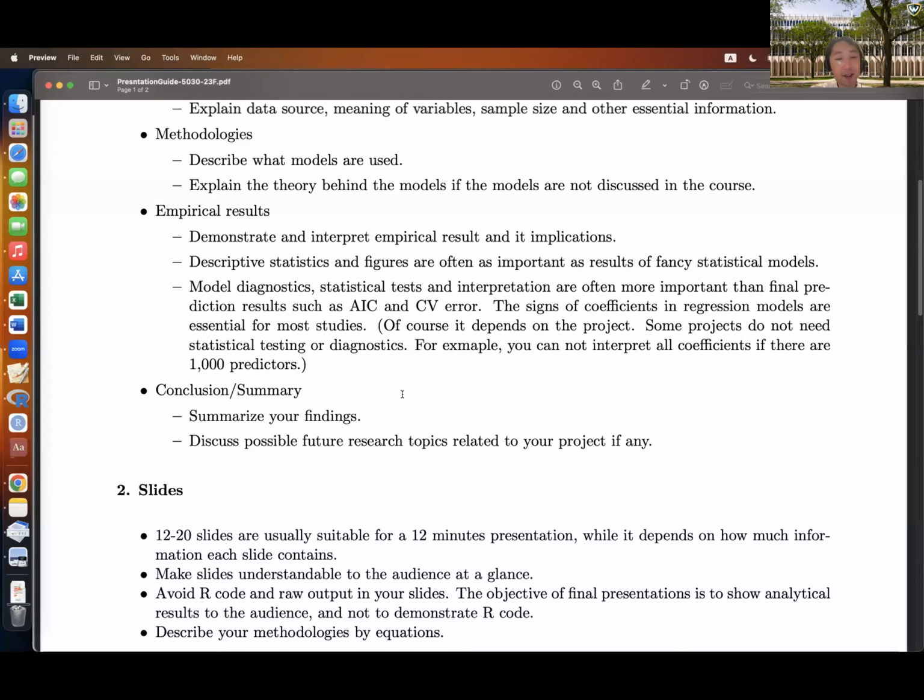As x increases by 1, one year older, then blood pressure increases by maybe 2 mmHg or something. So you interpret that. Especially the sign of the coefficient is important, whether age positively or negatively affects blood pressure. And also the p-value, maybe t-value, those things are important.